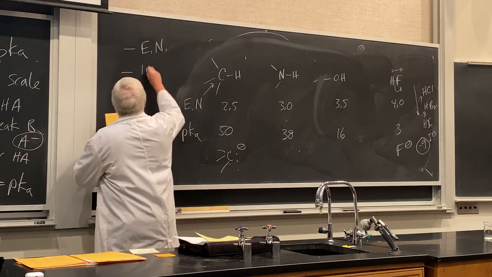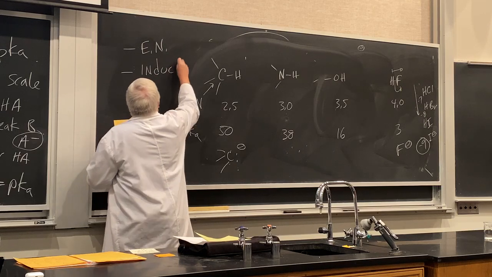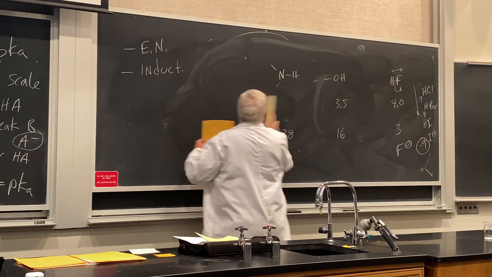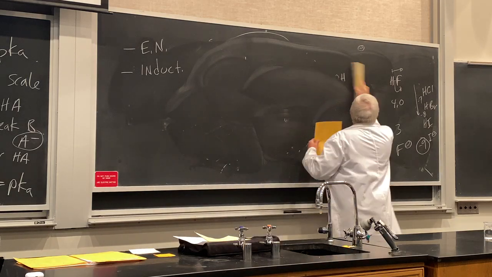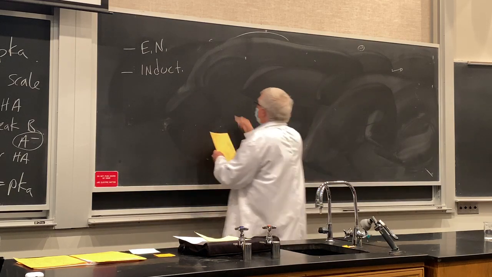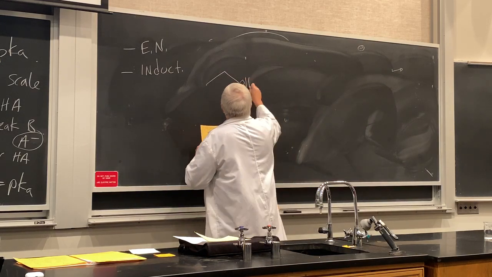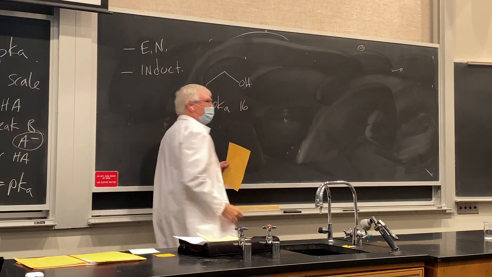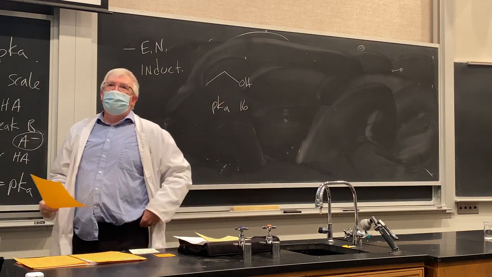It's called induction, and it also has to do with electronegativity, but it's not directly on the atom that we're talking about. So here we can talk about comparing different molecules. The pKa of ethanol is 16, okay? A weak acid.